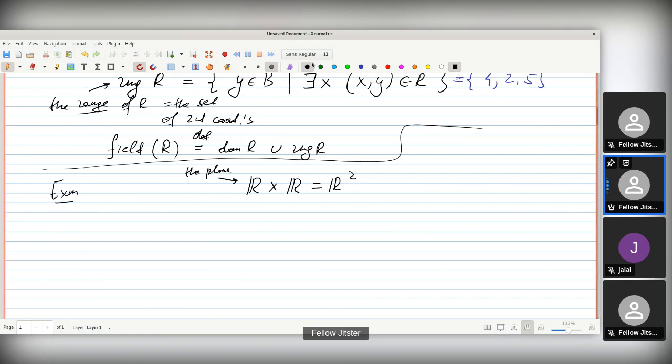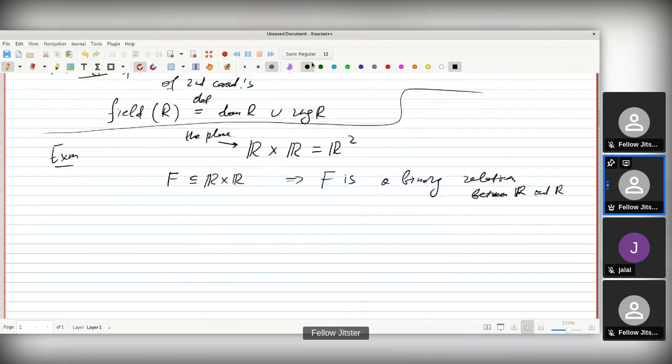And in fact, every set, every geometrical figure in the plane is a binary relation. So it is a binary relation between R and R.